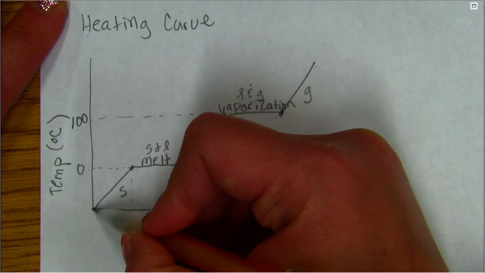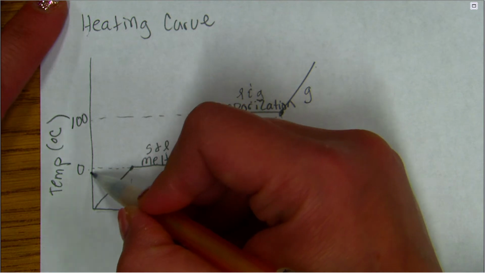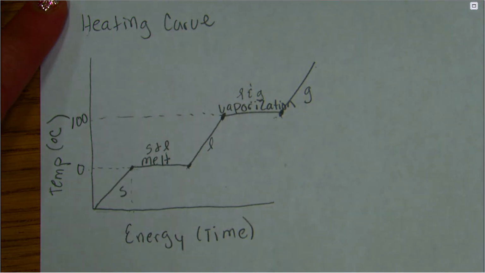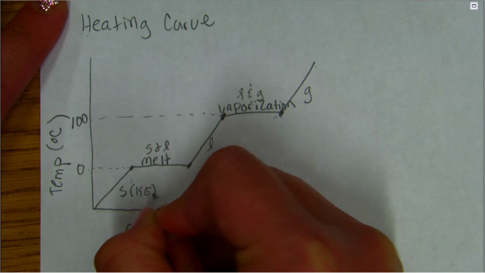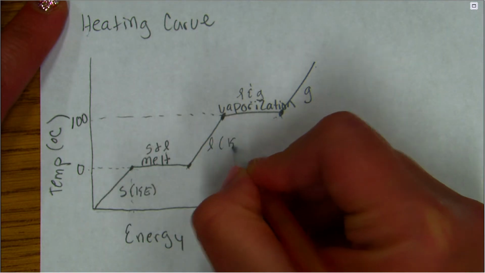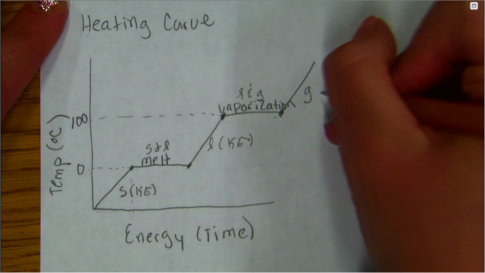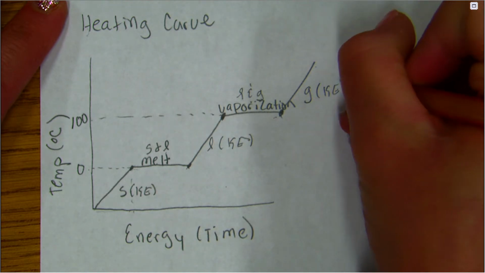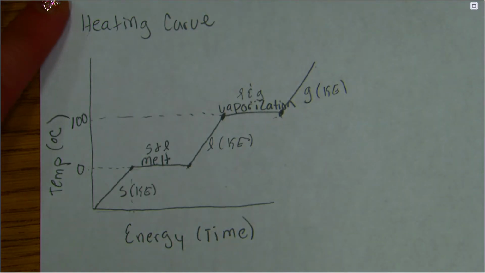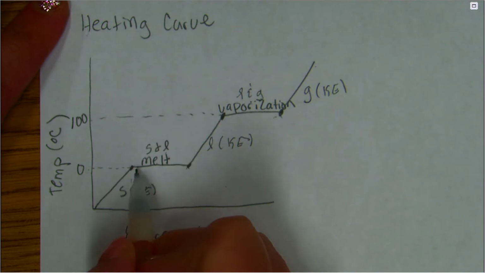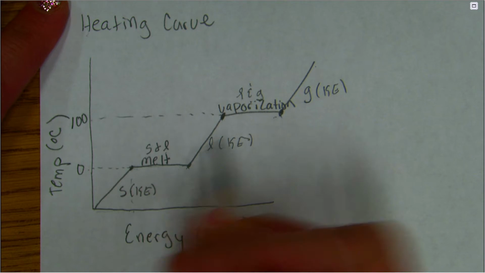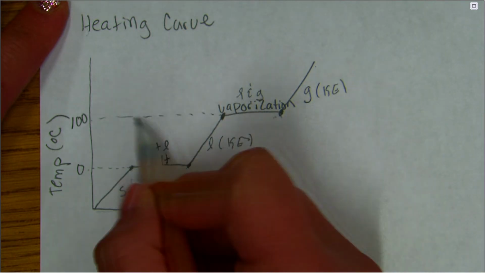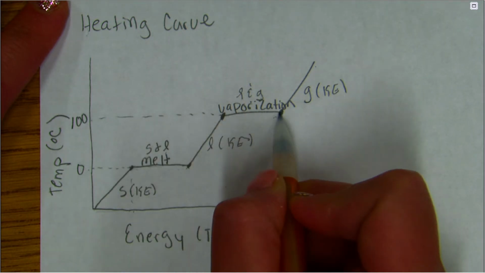So temperature is the measure of the average kinetic energy within a substance. So solids have kinetic energy, liquids have kinetic energy, and gases have kinetic energy. Now, at the process at which we melt, my temperature remains constant, and in the process of vaporization, my temperature again remains constant.